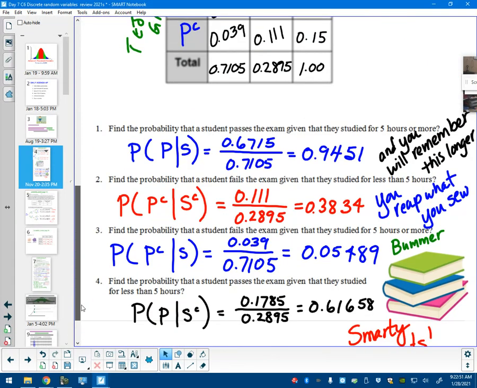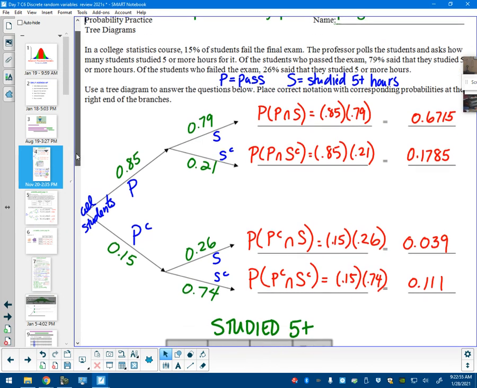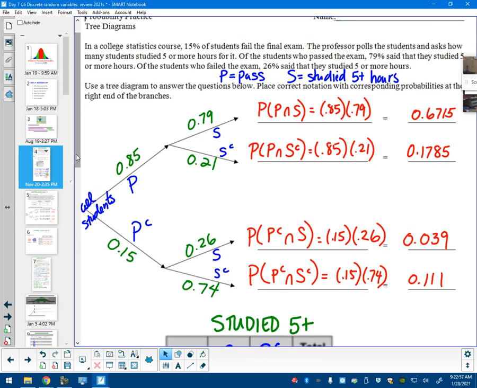Are there any questions on the worksheet page 12 with the college students in the final exam? Anyone? I do want to see this information, notation, the two numbers you're multiplying, and you should always keep every single digit on the tree, which is the case in the next one, especially, because there's a lot of digits in the cancer one.